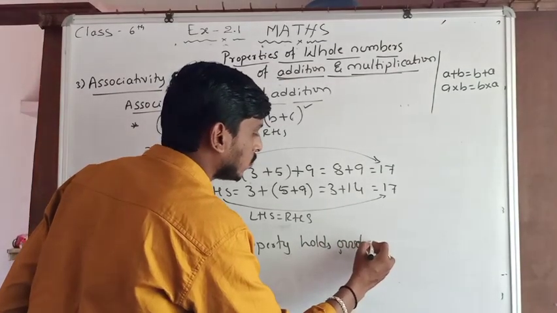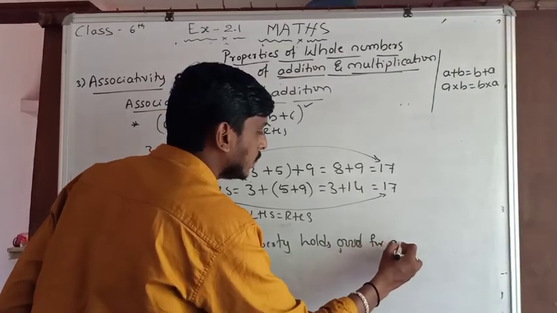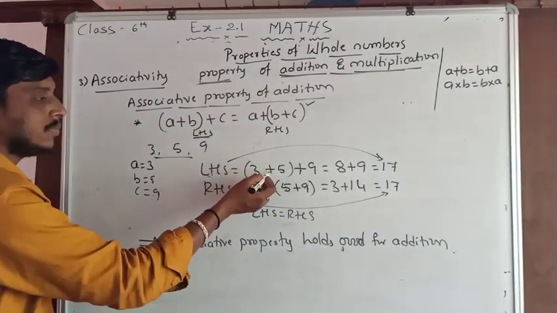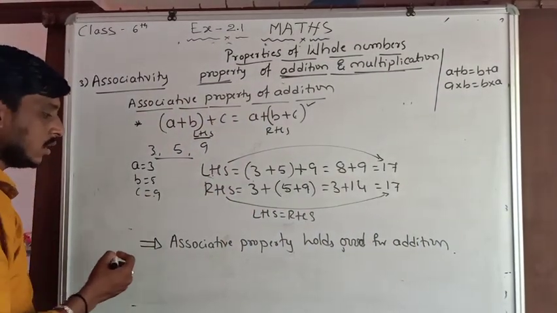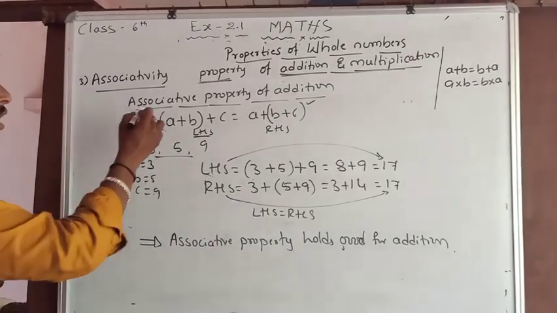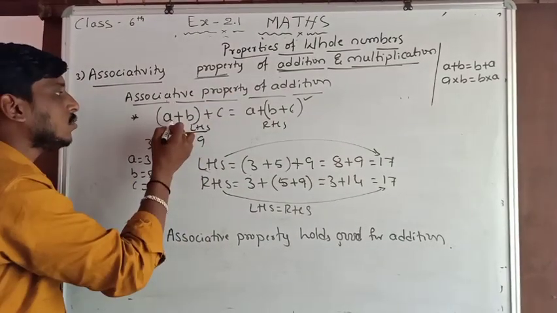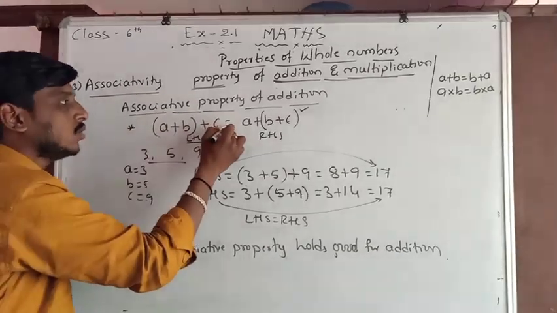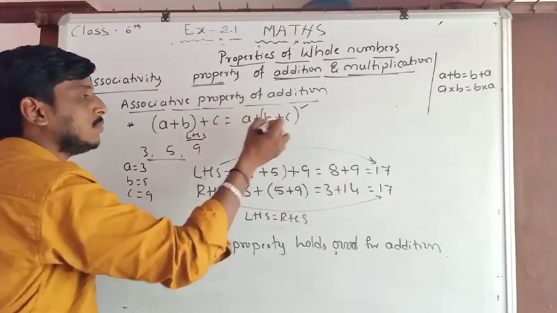For addition, because the operation we did is addition. So this is the first conclusion: associative property of addition. Formula: (a + b) + c = a + (b + c).